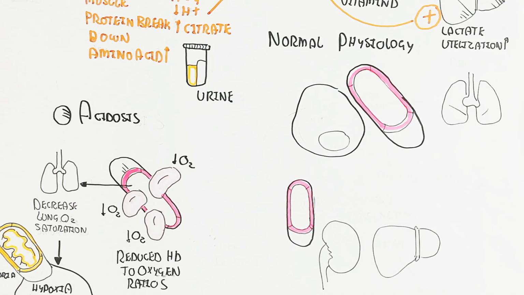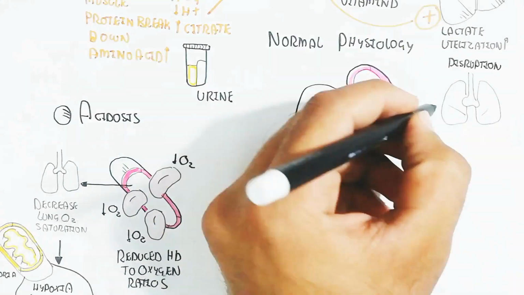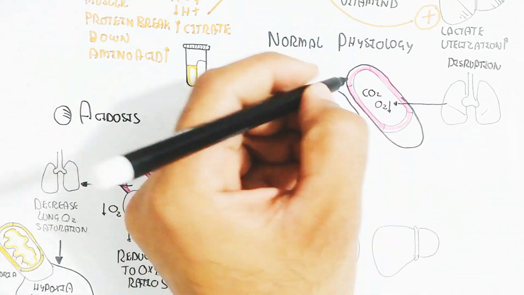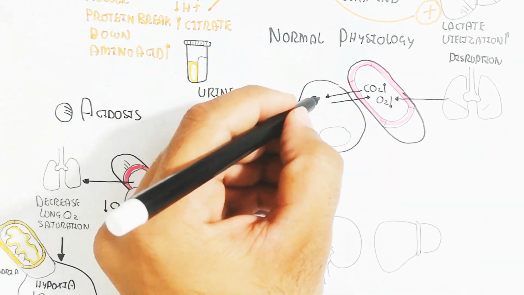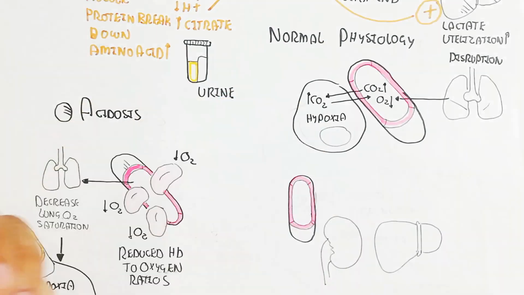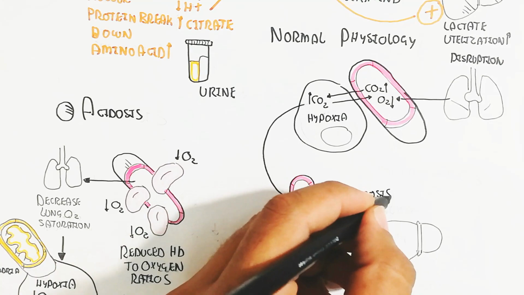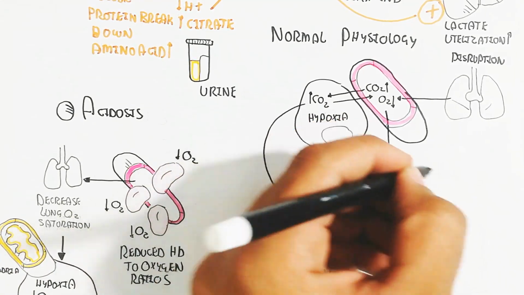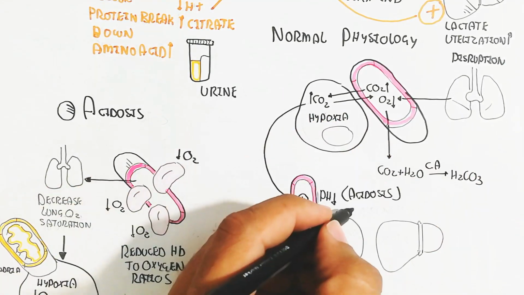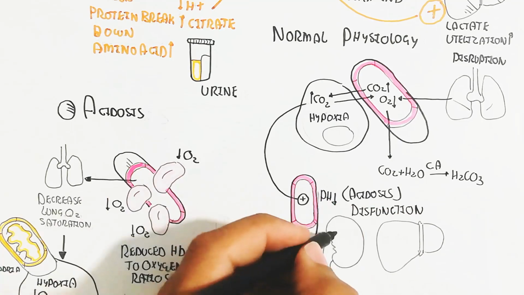Decreased oxygen leads to acidosis because carbon dioxide increases. Disruption of the lungs increases carbon dioxide while decreasing oxygen, leading to hypoxia in the tissue, and carbon dioxide and water combine to form carbonic acid.